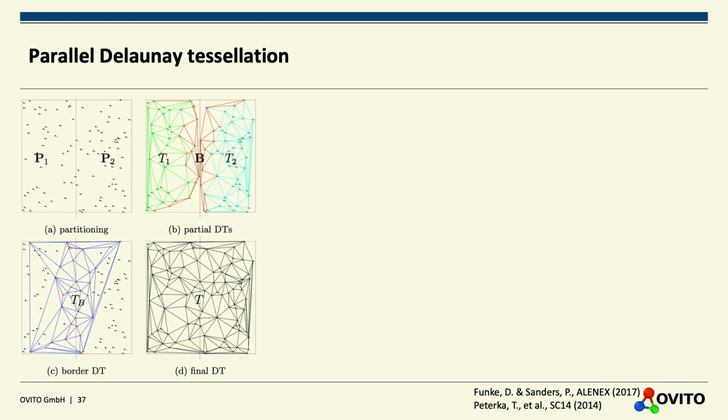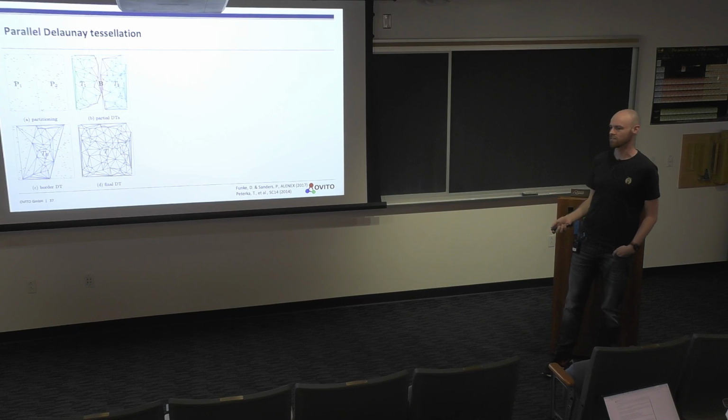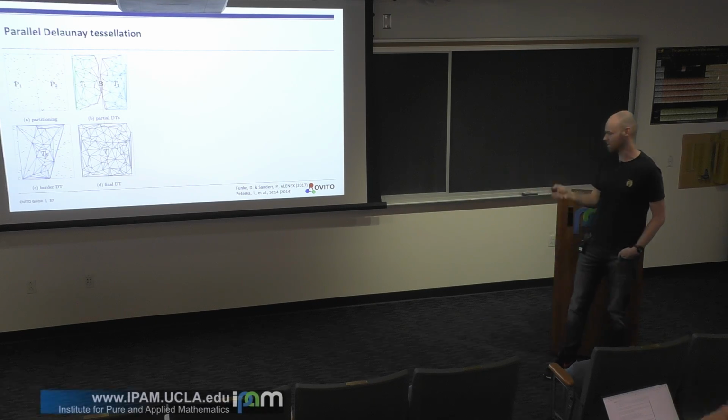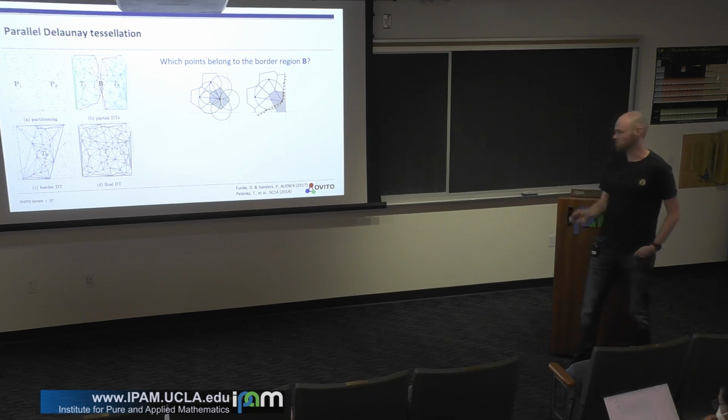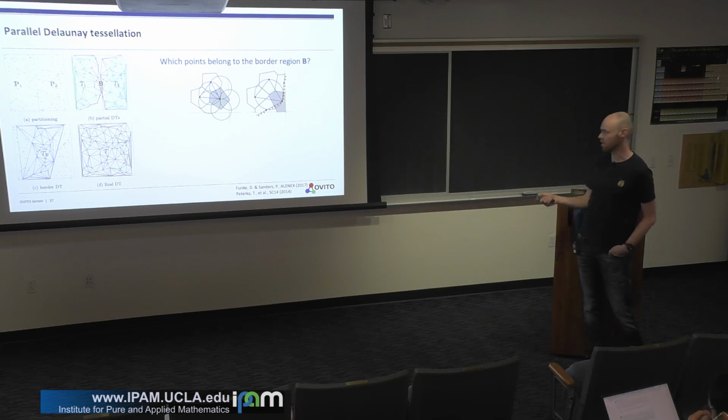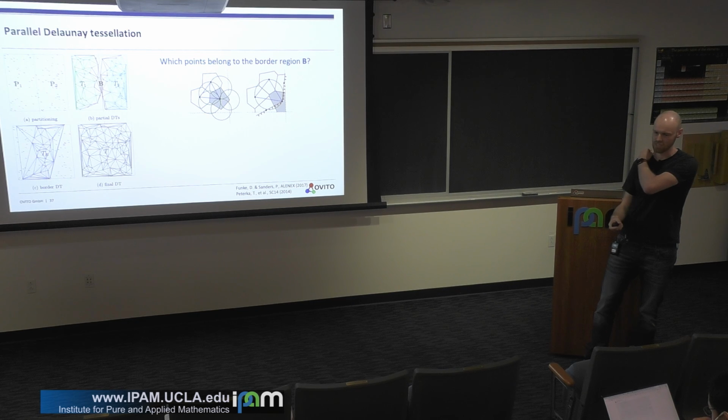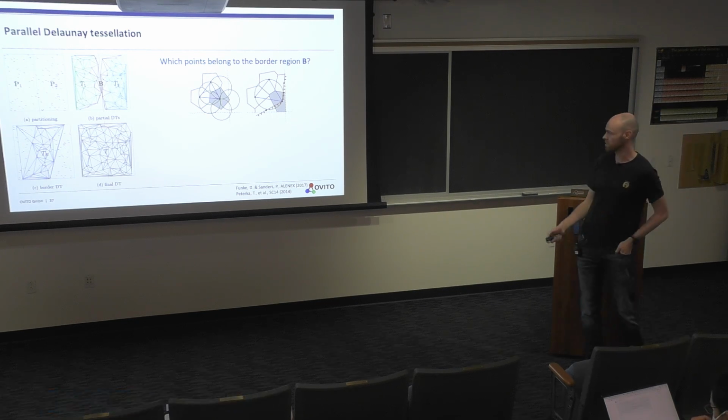What you have to do is figure out which atoms are in the boundary, construct a tessellation of those points, communicate the constructed triangles to both original partitions, and then stitch everything together into one coherent picture to finalize your sample. Again, this looks kind of trivial in 2D. In 3D, it becomes more difficult. It boils down to two main questions, namely which points belong to this border region, so which points we actually need to communicate between processors.